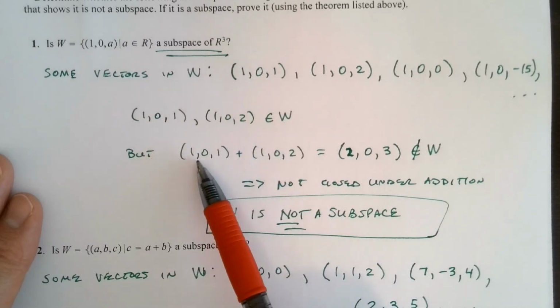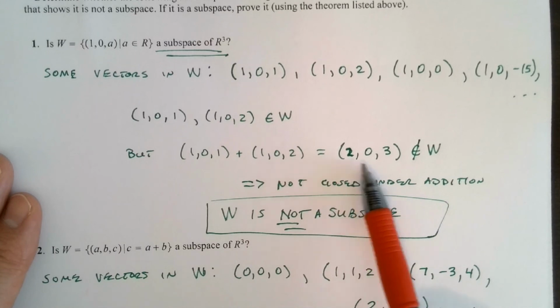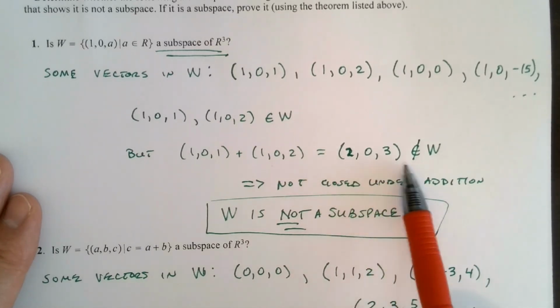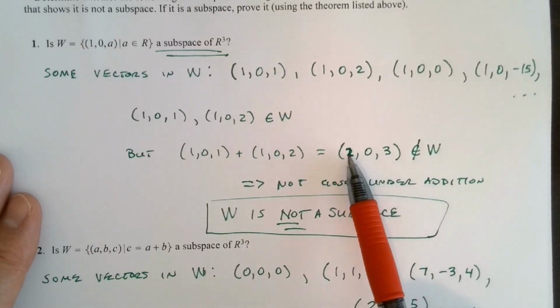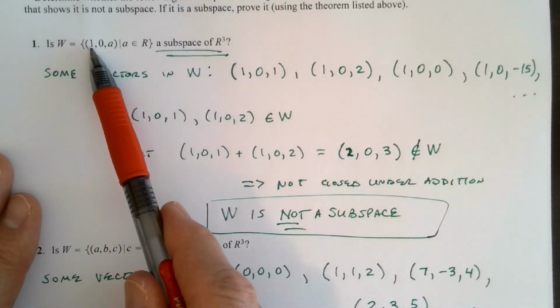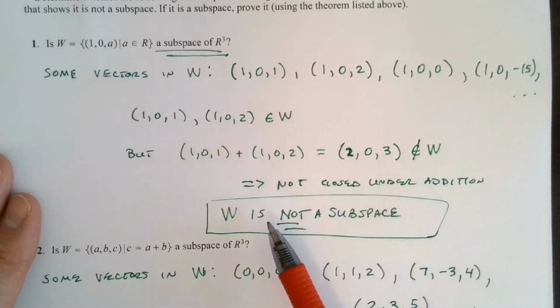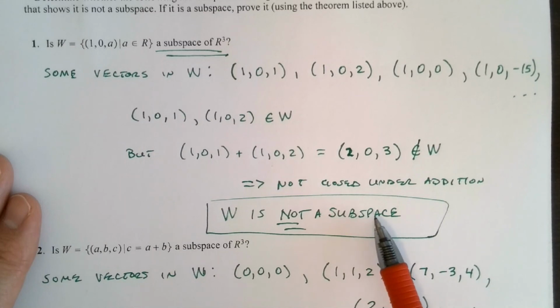But if I add them together, what do I get? By vector addition, I get 2, 0, 3. 2, 0, 3 is not in the set. Why? Because the first component of this vector to be in W has to be a 1. Right? So we're not closed under addition. And W, therefore, is not a subspace.